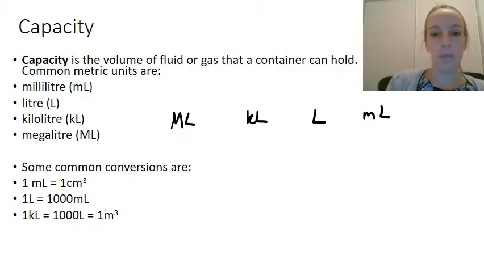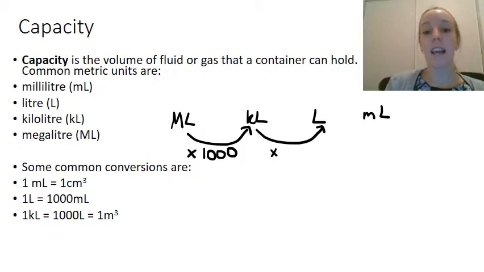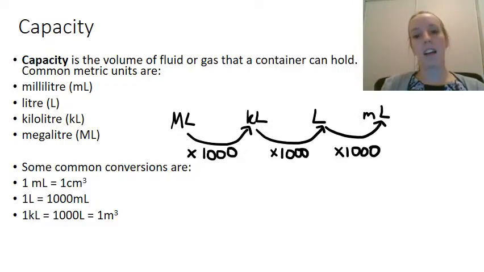If we were going from megaliters to kiloliters, so from big to small, again we times, and there are 1,000 kiloliters in a megaliter. To go from kiloliters to liters, again we times, and again it's 1,000, so there's 1,000 liters in a kiloliter. And to go from liters to milliliters, we're also doing multiplication, and there is 1,000 milliliters in a liter.